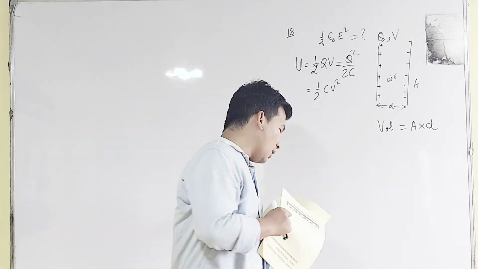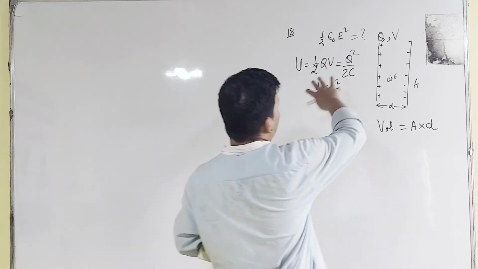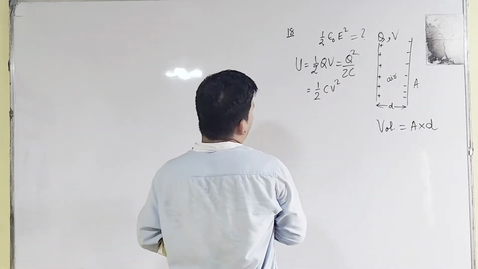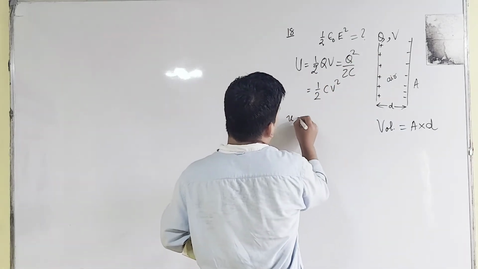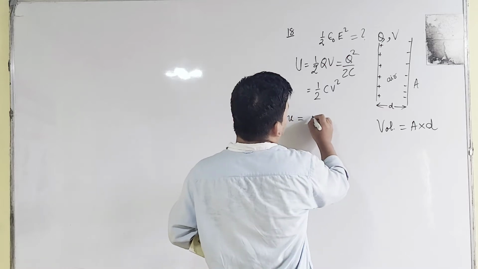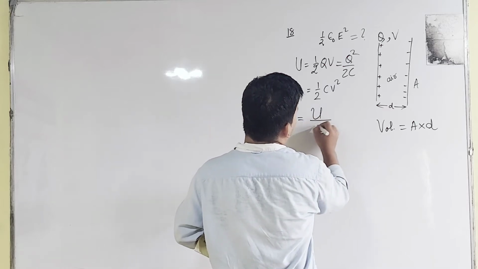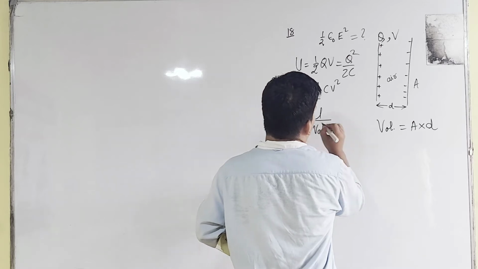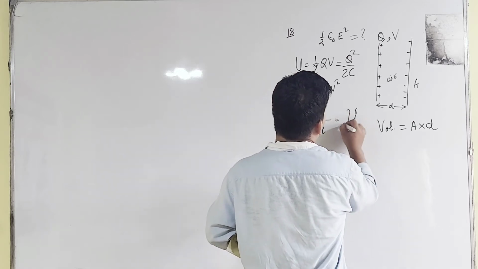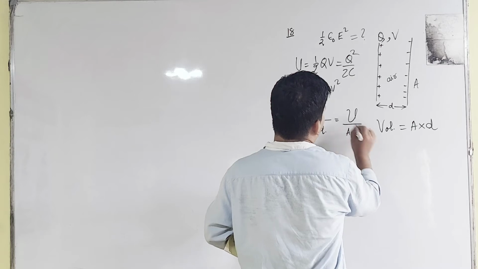If we consider the total energy stored as U, then small u is defined as the total energy stored per unit volume, or we can write it as U divided by AD.